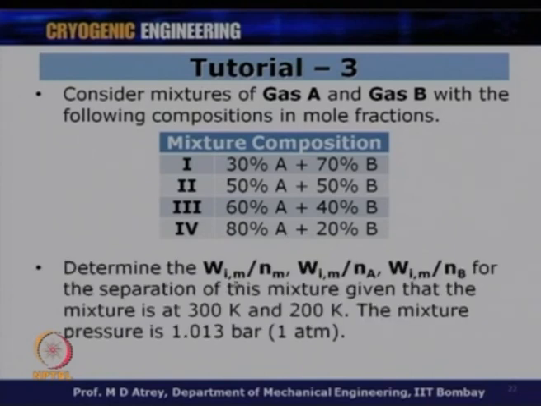Determine Wim by Nm, which is the work of separation of mixture per mole of mixture, Wim by Na, which we know now, and Wim by Nb for the separation of this mixture, given that the mixture is at 300 Kelvin and 200 Kelvin. So, I want to have two cases: one is mixture separation at 300 Kelvin, and the other is mixture separation at 200 Kelvin. The mixture pressure is 1.013 bar.